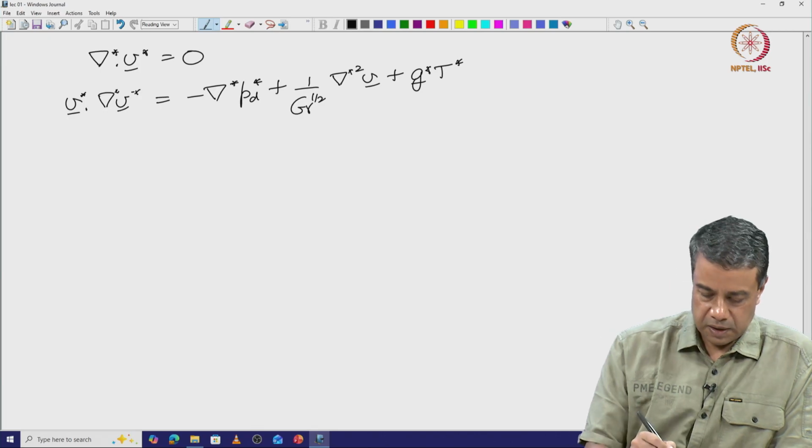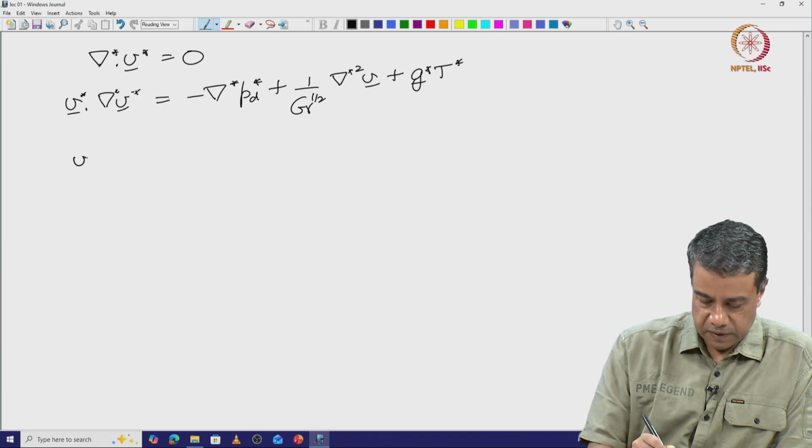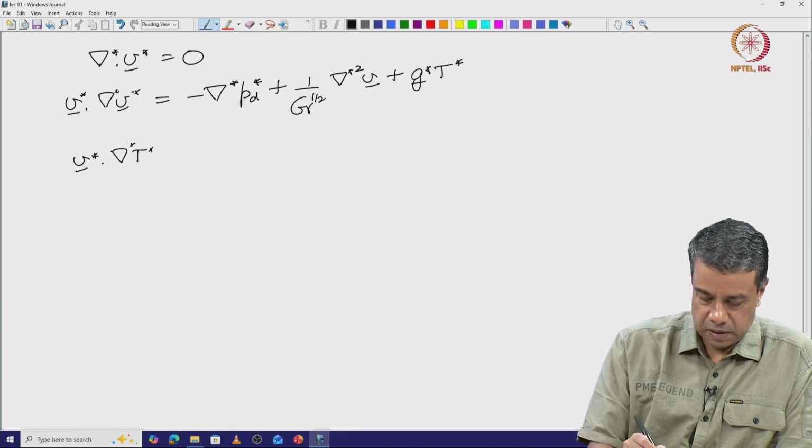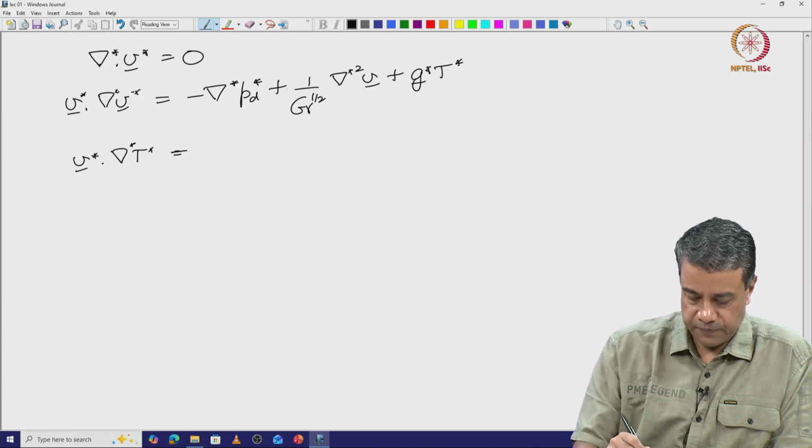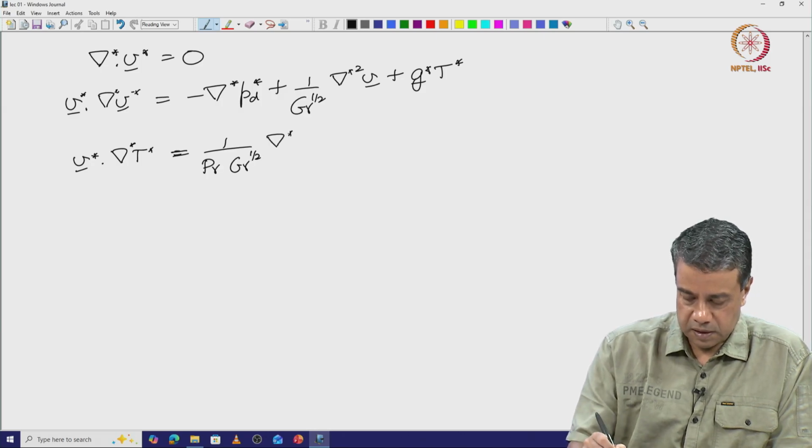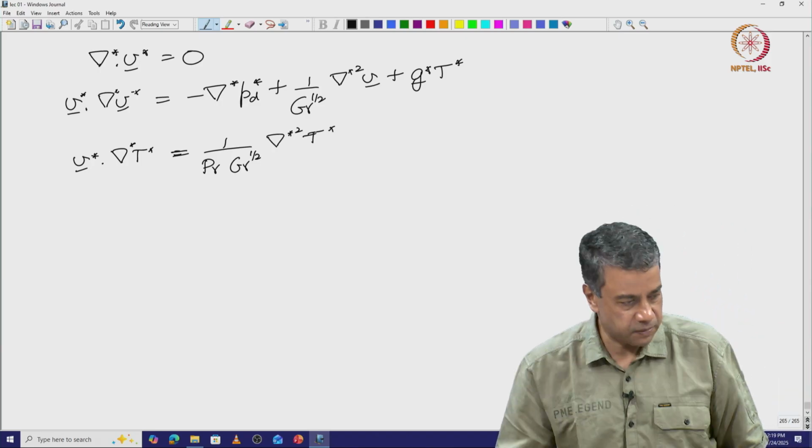And V star dot grad T star is equal to 1 over Prandtl number Grashof to the half, del star square T star. So, those are the equations that we have to solve.